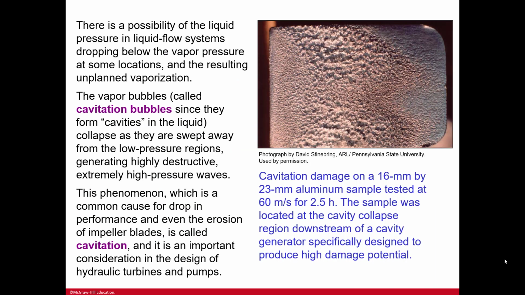So moving on to cavitation bubbles, which are seen here on the right in a photo. What happens is the liquid pressure in a liquid flow system drops below the vapor pressure at some locations, and the result is an unplanned vaporization. That's called cavitation bubbles, since they form little cavities that you can see. They collapse as they are swept away from the low pressure regions, and they generate highly destructive, extremely high pressure waves.